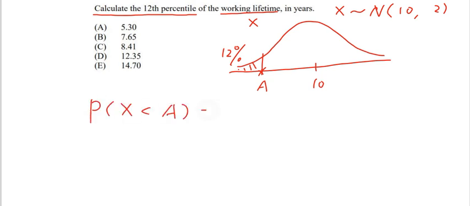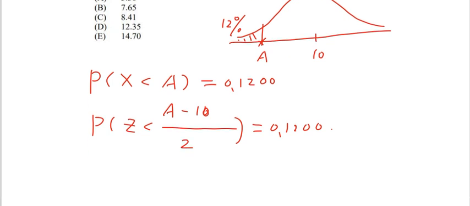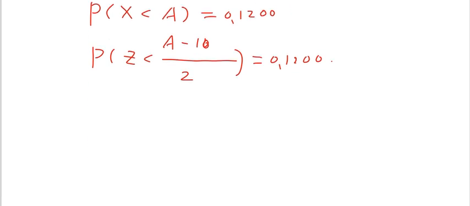So first, we want to find this A. We just change this to a standard normal. So this equals P(Z less than (A minus 10) over 2). Check the standard normal table, we can find this number.